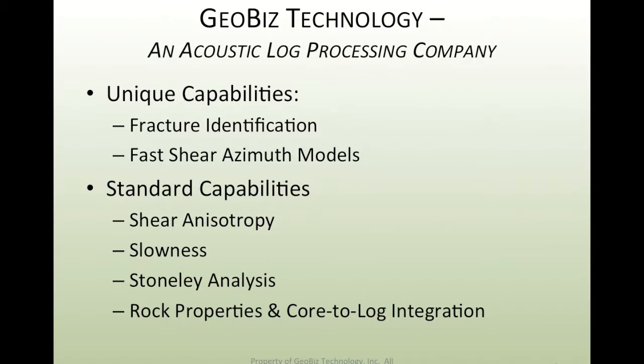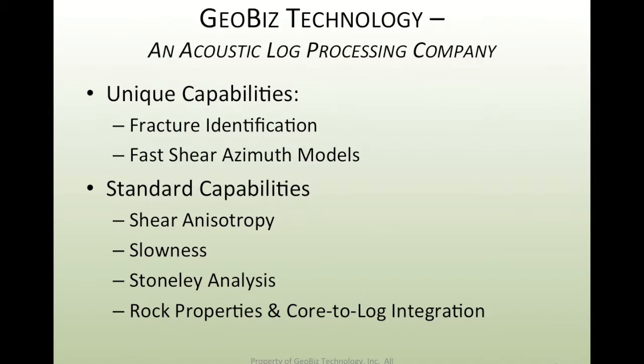So the unique capabilities that I was referring to are our fracture identification from sonic, and we also have a proprietary fast shear azimuth model to calculate a more accurate azimuth in deviated wells, which we will go over in more depth later.